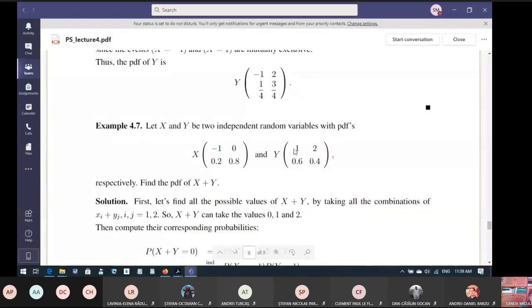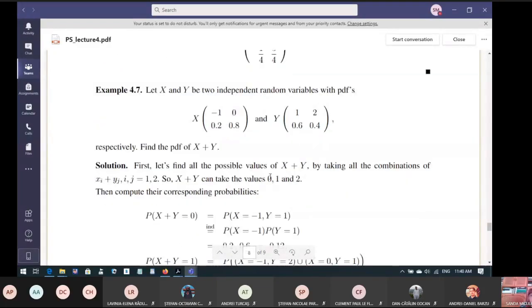So -1 plus 1, -1 plus 2. Okay, so that's 0 and 1. Then 0 plus 1, 0 plus 2. That's 1 and 2. And then when we say the possible values of the sum, of course, we only list them once. So the possible values are 0, 1, and 2.